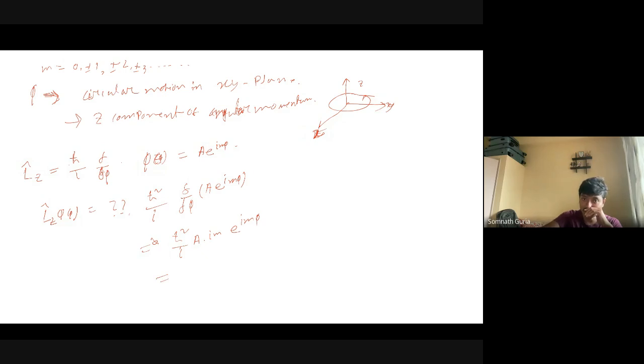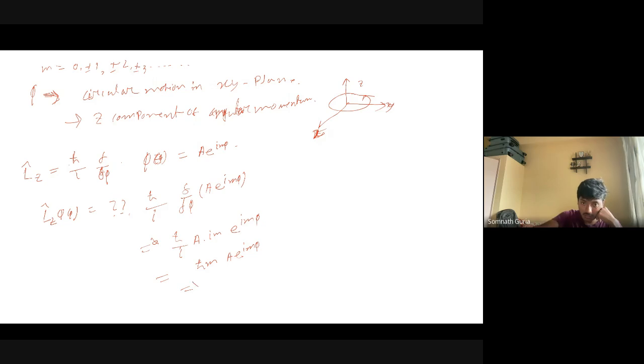That means the i cancel each other and we will get, sorry, this is not h cross square, it is h cross only. h cross m a e to the power i m phi.